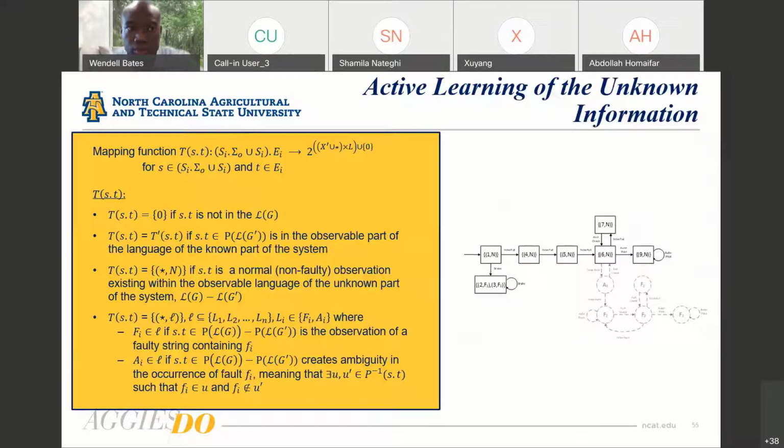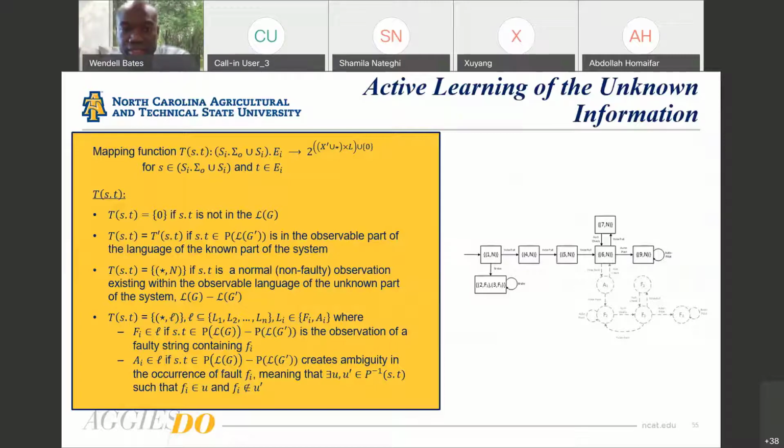And so for the unknown part of the information, the mapping function is a little different. So when you know the information and have access to a system, you're able to provide that state information. In this case, we don't have that state information.